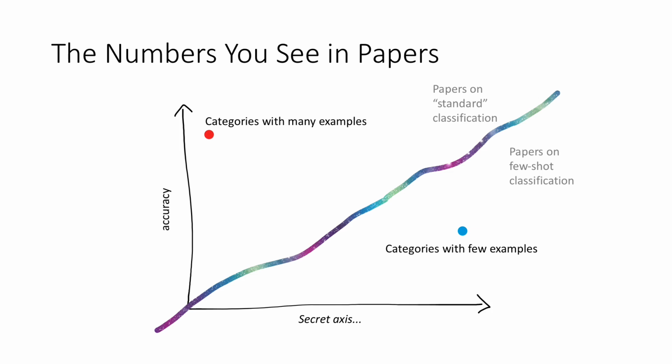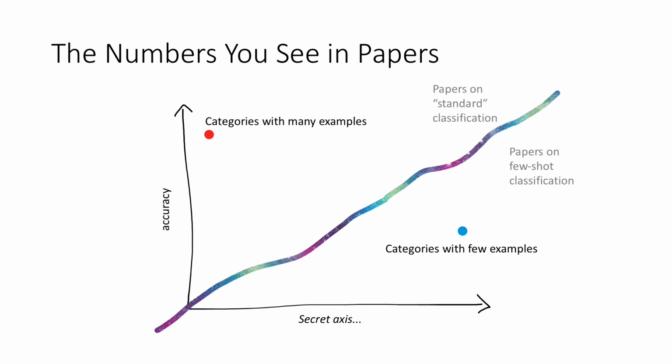In Camp 2, the bottom right of this diagram, you'd see results on specially crafted few-shot classification data sets, in which you'd see accuracy for categories with few examples. These data sets were different, and the models and learning algorithms used for them were also different. It was impossible to compare and understand what was going on across these two camps.